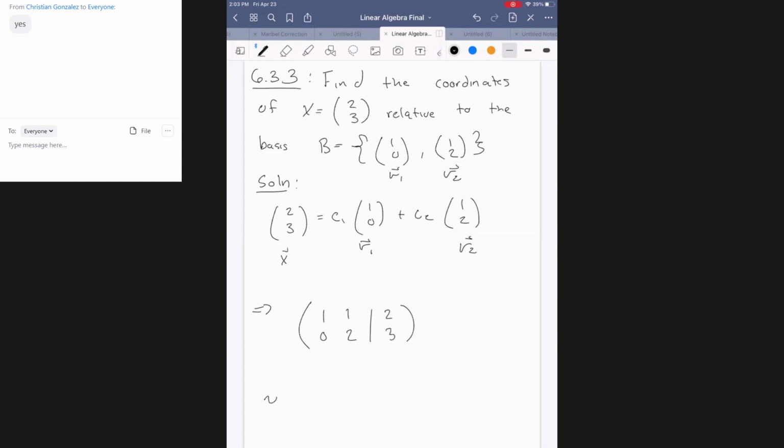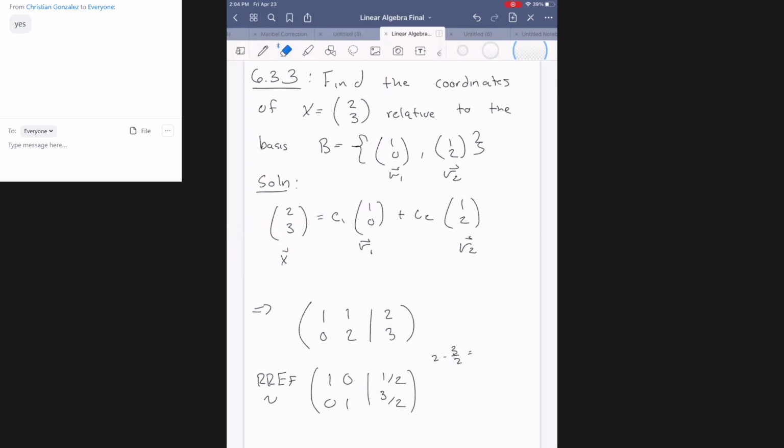You row reduce this. Okay, so I guess what we can do is scale that one and subtract by that. So it'll be 1, 0, 0, 1. This would be 3/2, and then you get 2 minus 3/2, which is 4/2 minus 3/2, which is 1/2.